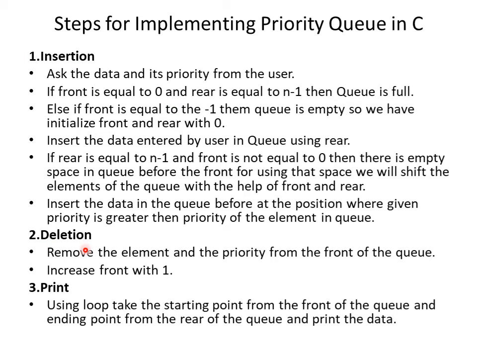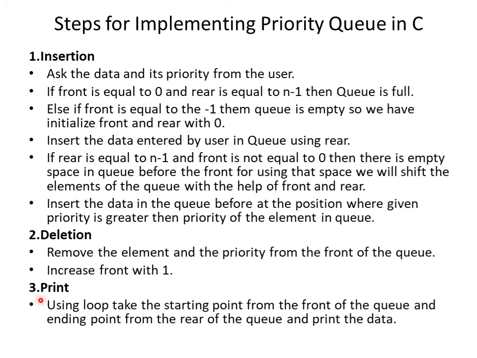Next, deletion. Remove the element and priority from the front end of the queue. I have said that insertion is always done at the rear end and deletion is done at the front end. Next, increase front by 1, that is f equals f plus 1, or front equals front plus 1.